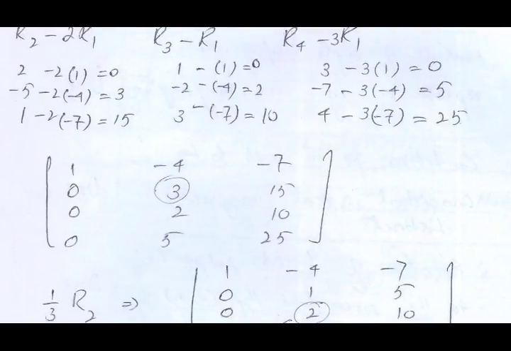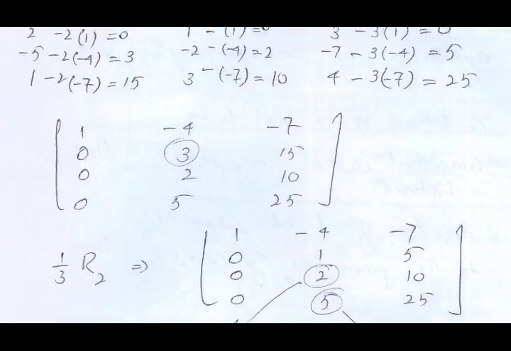Now we get the 0 0 0. Next, along the diagonal, we have 3, and we make it 1.